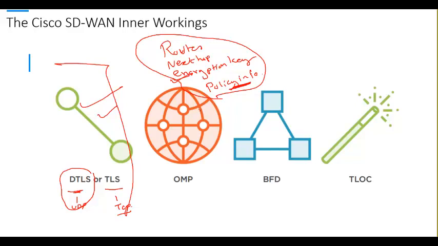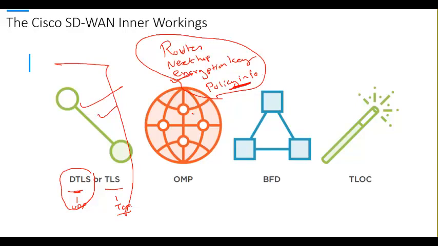The traffic flows as per the guidelines of the information shared by the vSmart to the WAN edges. The vSmarts never sit in between, so they never do any sort of data plane functions. That's what I want to say. They don't care about data plane functions, they just provide the control plane information to the WAN edges. Period.